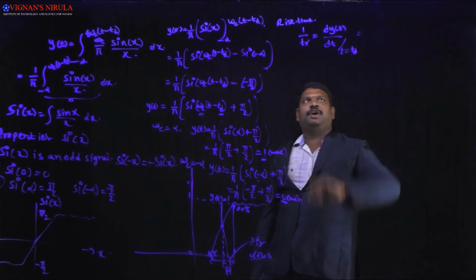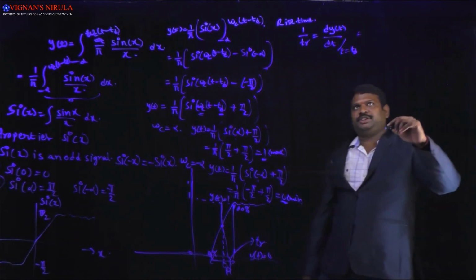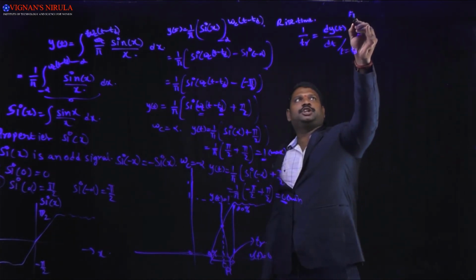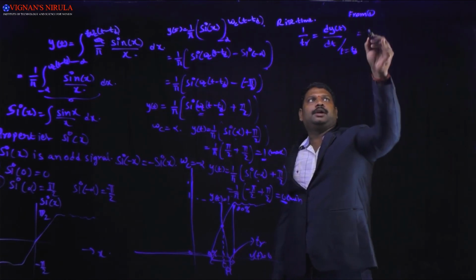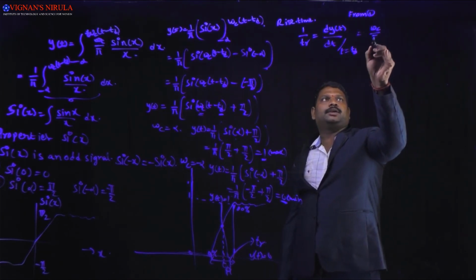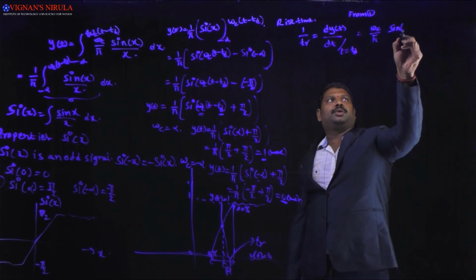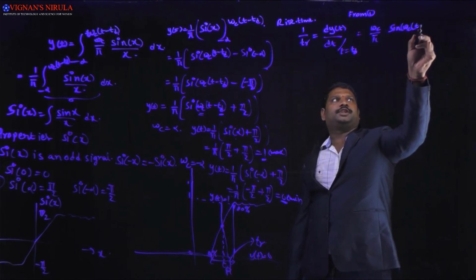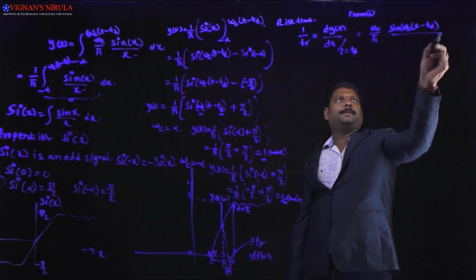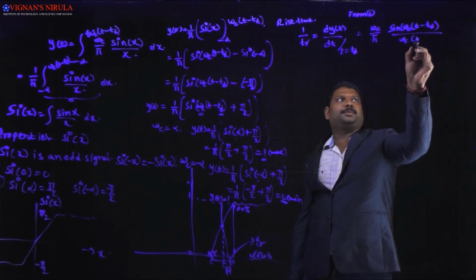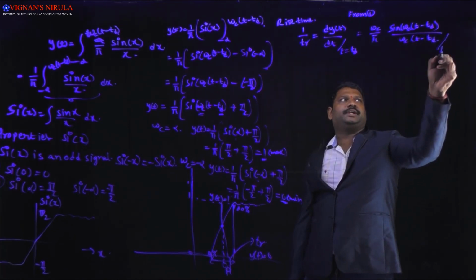What is this dy of t by dt? From our first equation, that is omega c by pi sine of omega c of t minus TD by omega c of t minus TD, at t is equal to TD.